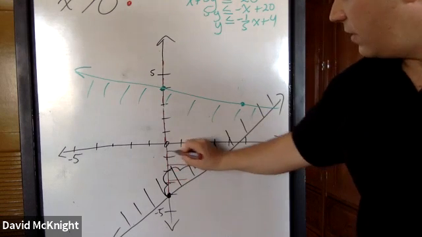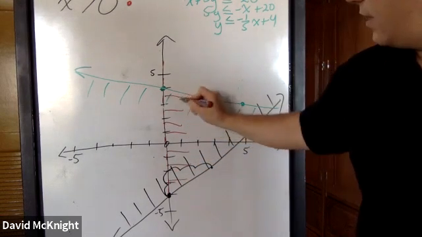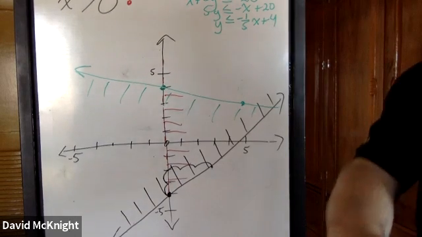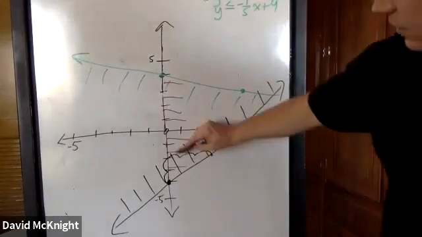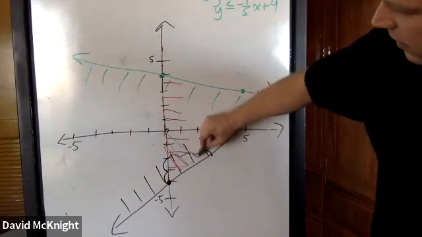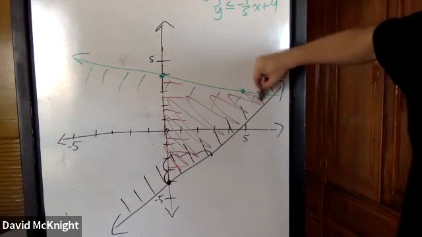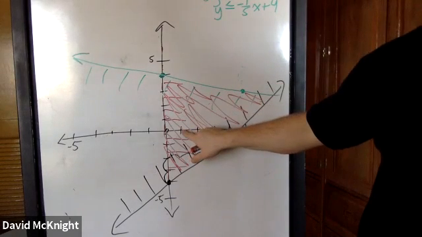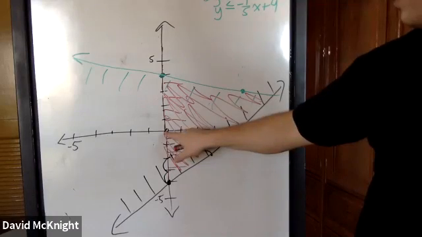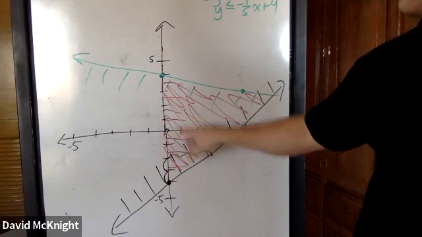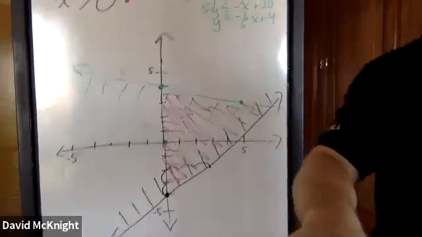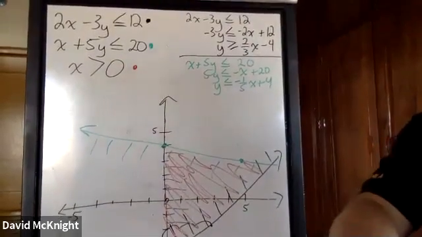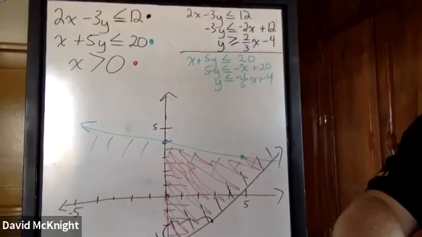So that's going to be this area right here. So then in the end, the feasible region that we should be shading here is this triangle here. Now, if we test a point in here, for example, 1, 0, it's going to satisfy all of the original inequalities back where we started. If it doesn't, then probably you made a mistake at some point.